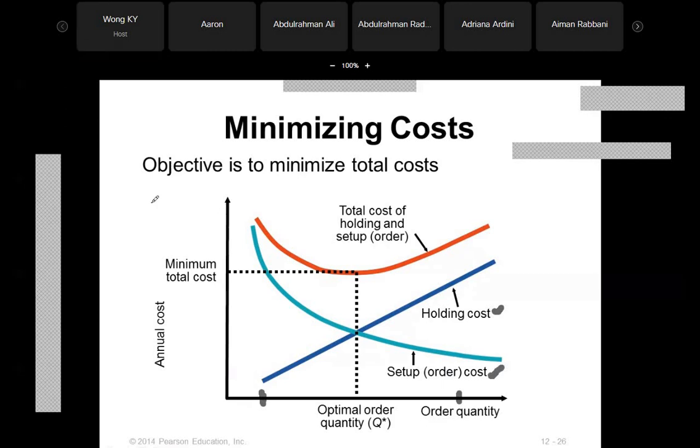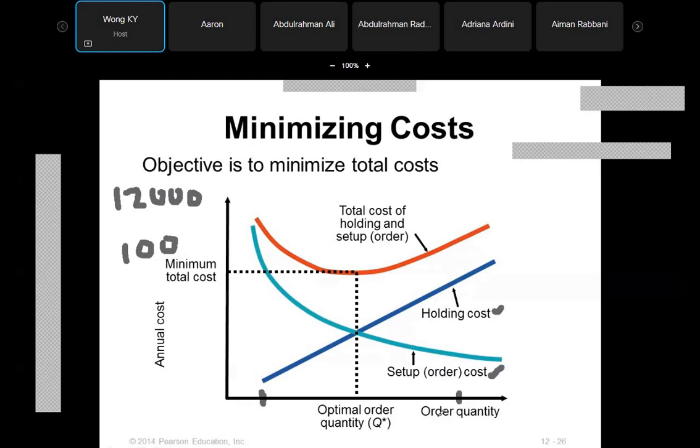Alright, example, let's say demand for the inventory per year is 12,000. Every time we order only 100 units, it means in one year we have to order 120 times. Imagine every time you order, ordering cost will be involved. So the more frequent you order, the higher the ordering cost. Therefore, when the order quantity is small, the ordering cost is high.